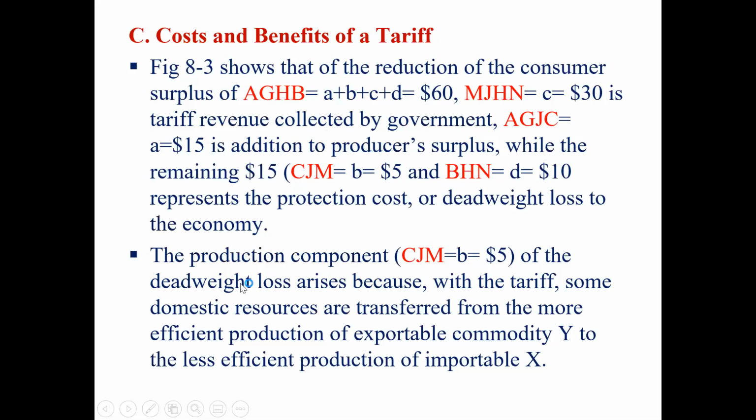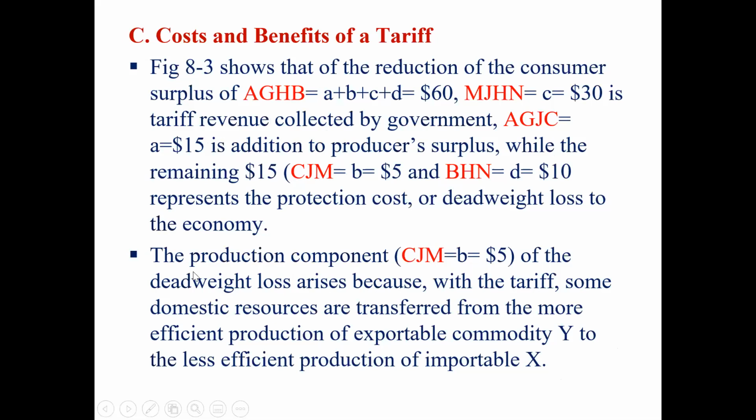The production component of the deadweight loss arises because with the tariff, some domestic resources are transferred from the more efficient production of the exportable commodity to the less efficient production of the importable commodity.